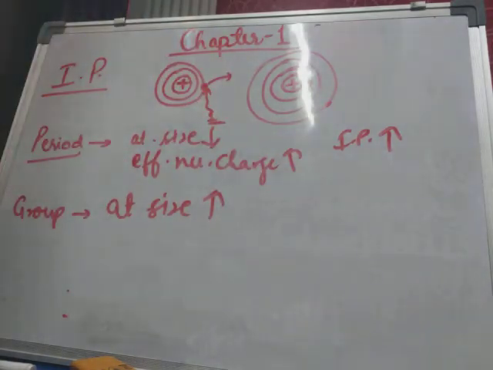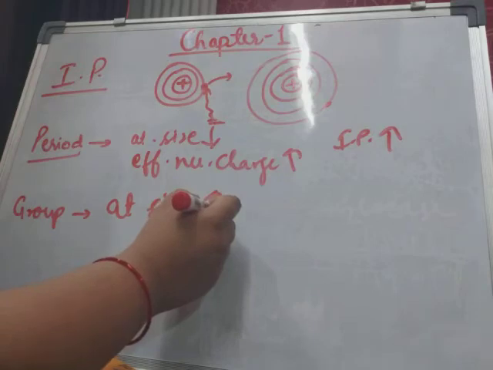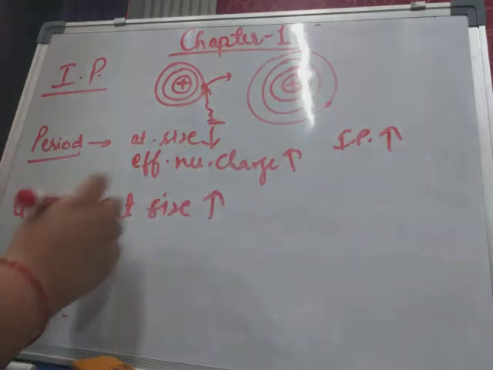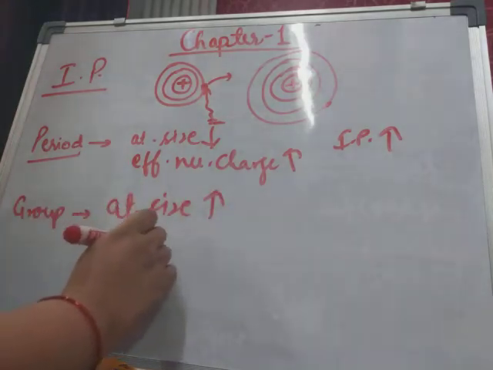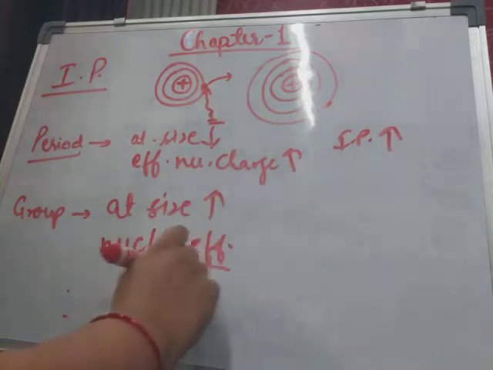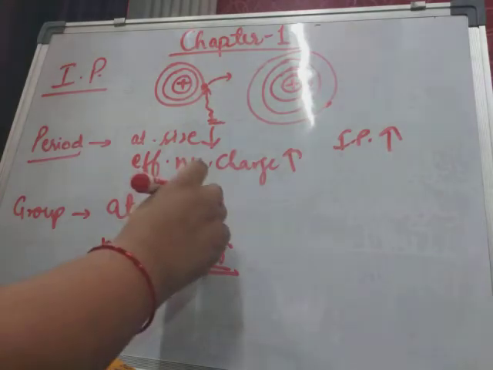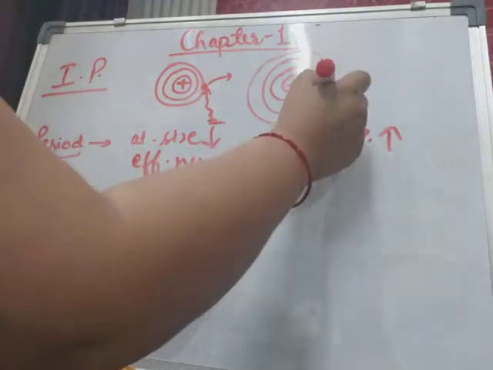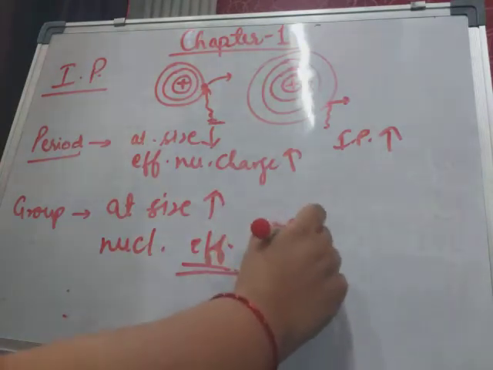It means when atomic size increases as we move from top to bottom in a group, nuclear charge will not be that effective, and because of that, the amount of energy required to remove this electron will be lesser.